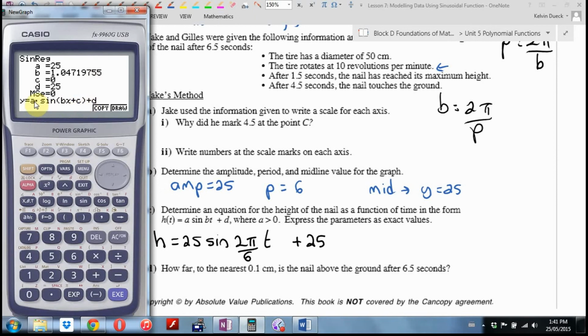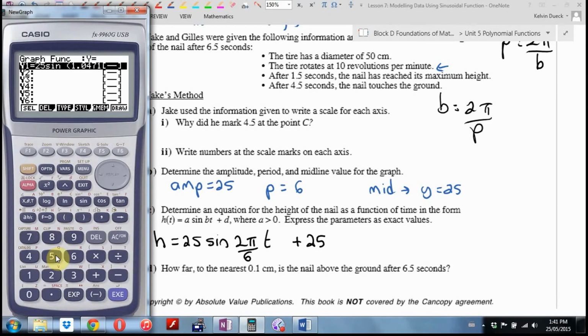It's saying, okay, A is 25, D is 25, no phase shift. I don't have anything adding to the T, so I can copy this out. Copy. And then hit enter or execute to store it. And now if I go menu, graph, it should be there. Yes? Don't forget to select it.